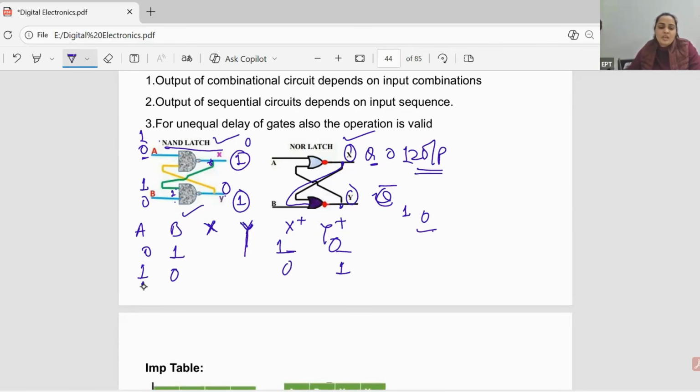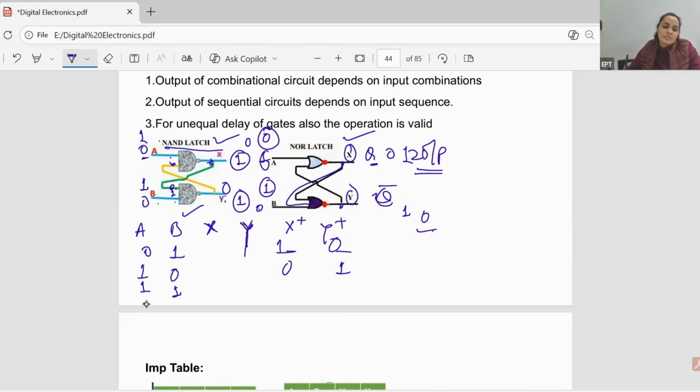If both the inputs are high, then the previous state will decide the output, because this is 1, this is 1. So the second input will decide the output. If this value is 1, then 1 into 1 is going to be 0. If here we have 0, then 0 into 1 is going to be 1.